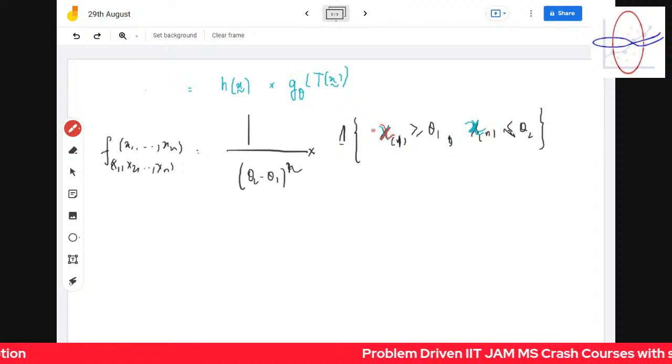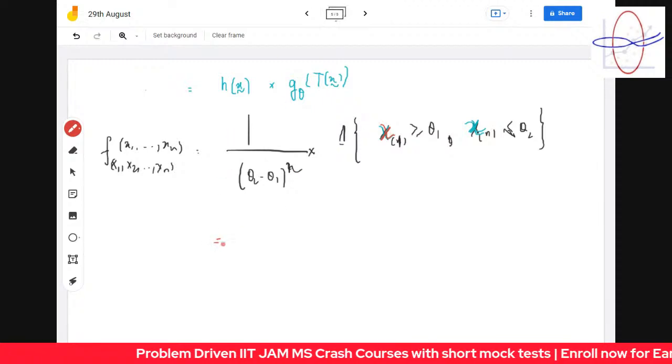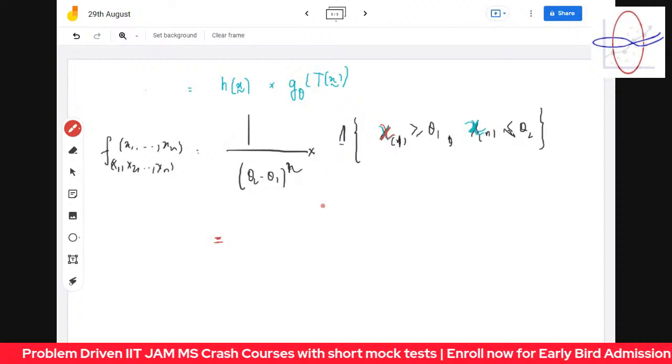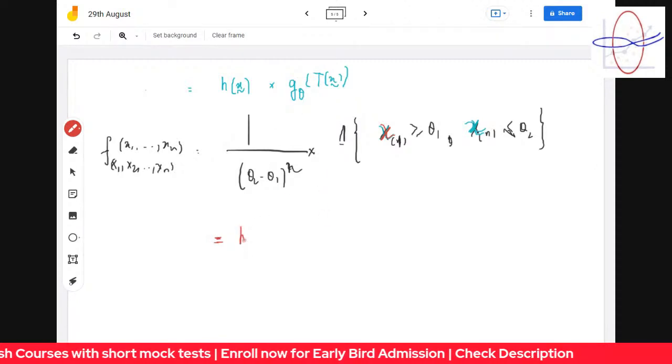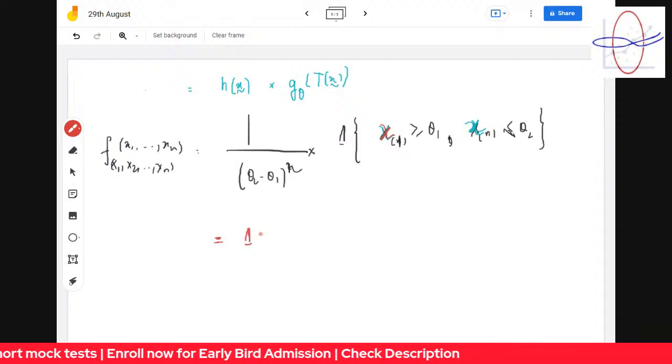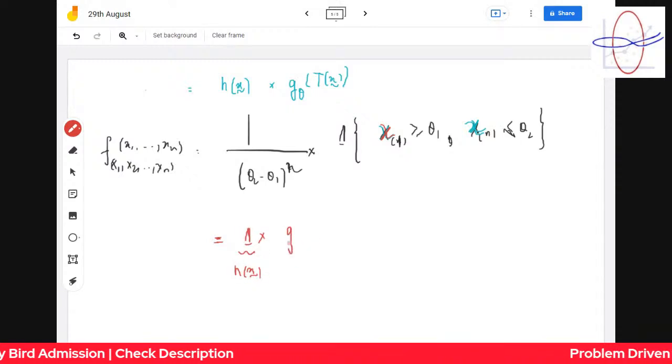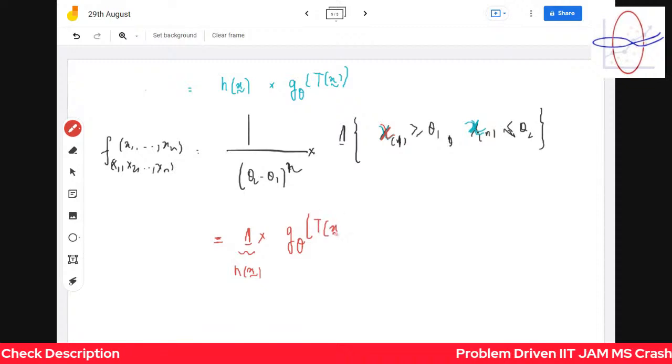Now understand this very carefully: h of x is actually equal to 1, times this g of theta of T(x). Now, what is this T(x)?